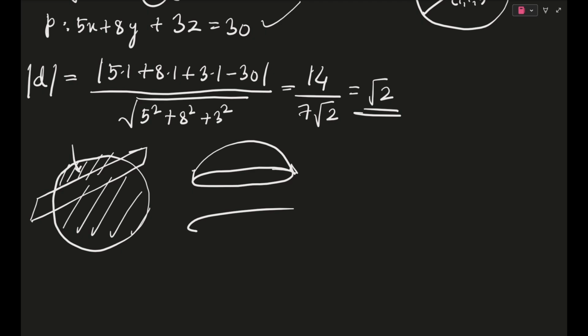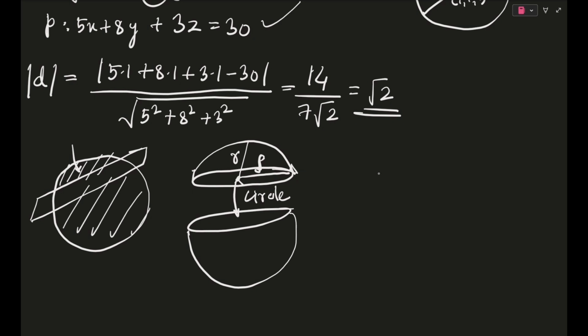Same for the lower part also. So this cross section is actually a circle, right? So basically what this means is if this thing is, say, radius rho of the circle, and obviously this is maybe the center of the circle, right? So I can consider that this will be r.